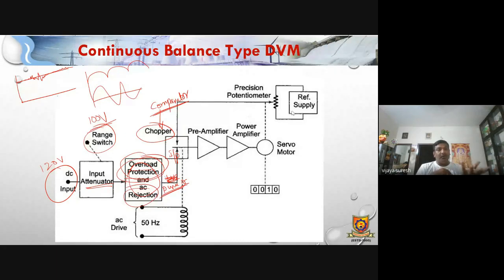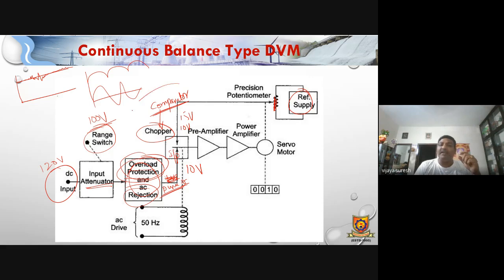So 10 is the unknown, and the reference voltage is made equal. Let us say the input voltage here is 10 volts. From the reference supply, I will change the sliding position and get 10 volts here. If I am getting 15 volts, what will happen? There is an error.